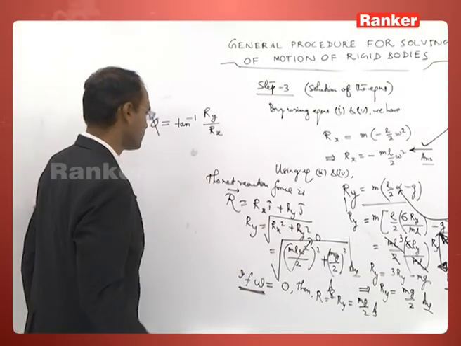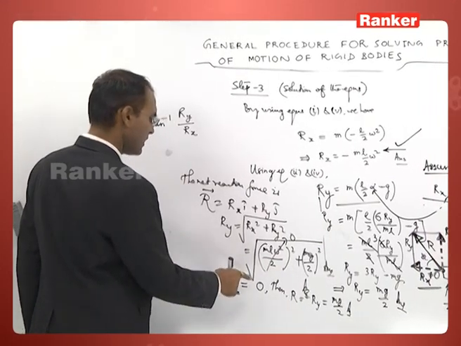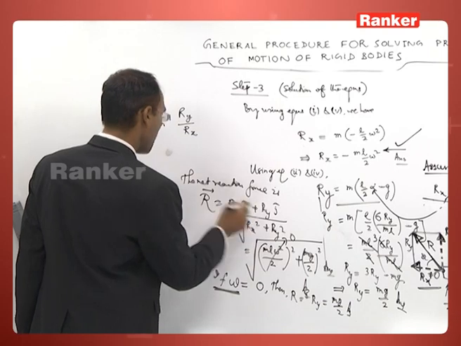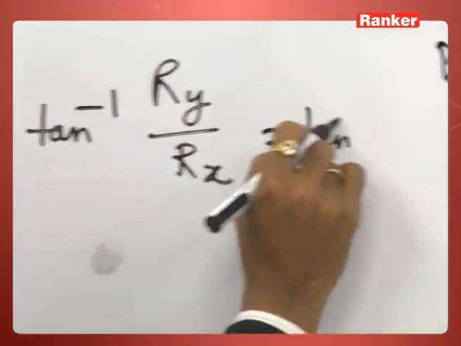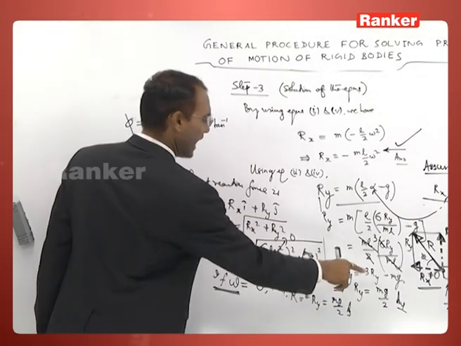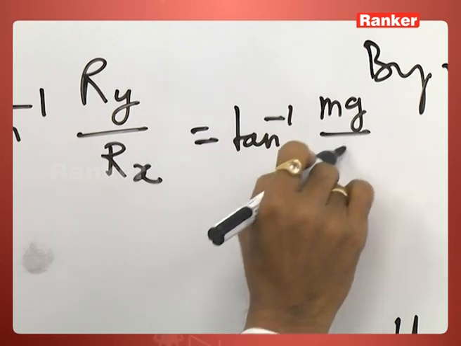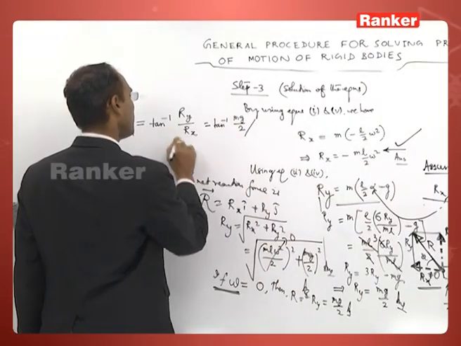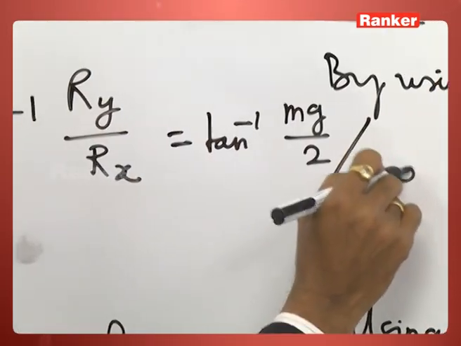And here, if omega is non-zero, then Ry is our usual result, mg by 2, and for non-zero omega, Rx will be equal to m L by 2 omega square.